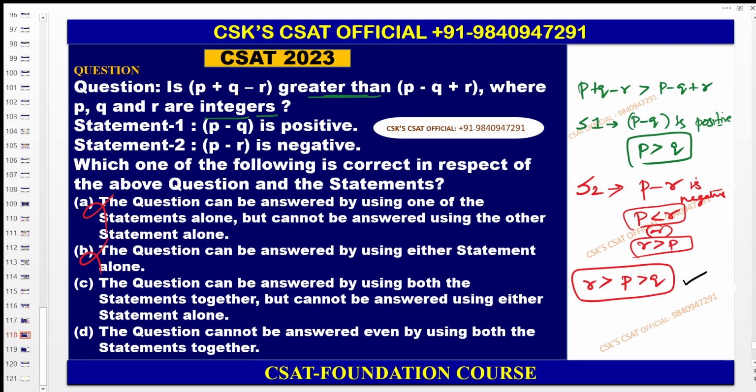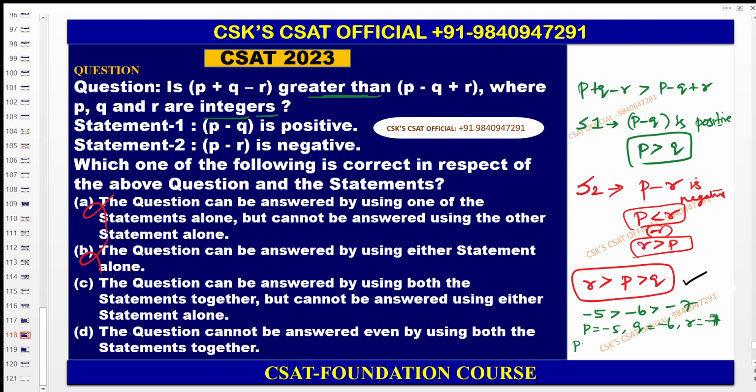You can take a minus also. Now tell me a minus value. Janani? Yes, sir. So R will be minus 5. P should be lesser than R, right? So P will be minus 6 and Q will be minus 7. So P is equal to minus 5, Q is equal to minus 6, then R is equal to minus 7.